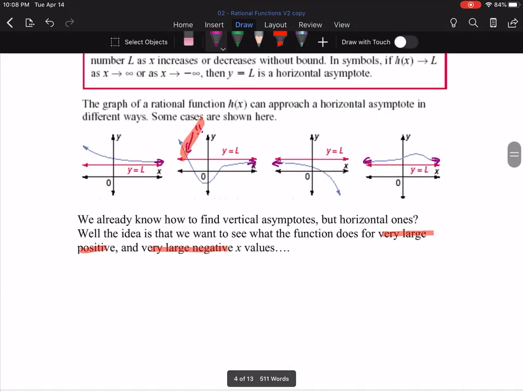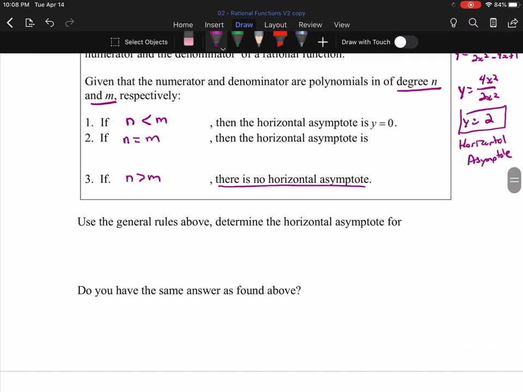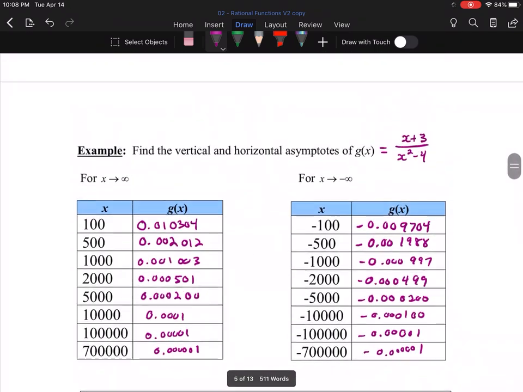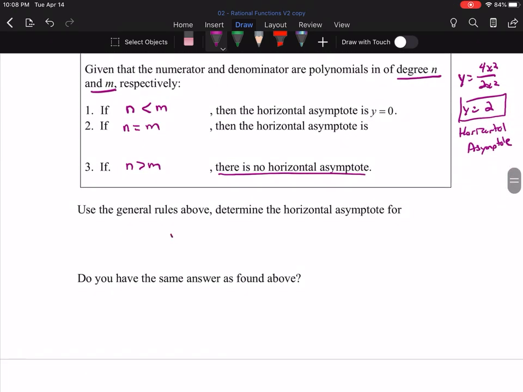Okay. These rules will handle most situations. I just want to do a couple examples to really make it clear. Use the general rules above to determine the horizontal asymptote for, what was the one that we did up here? x plus 3 over x squared minus 4.